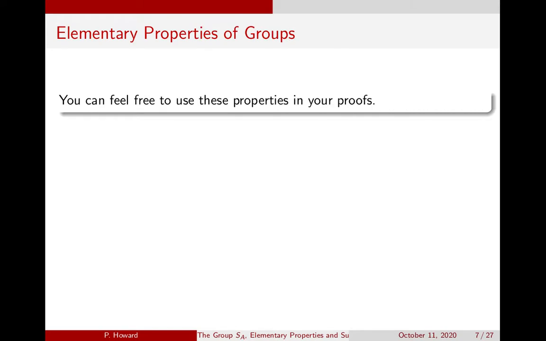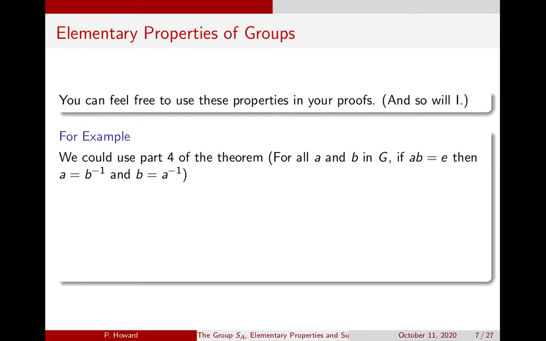So feel free to use the properties of the theorem in your proofs, and I will also feel free to use them. And here's just one example. I'm going to use part 4 of the theorem, which said that if you multiply two group elements and get the identity, then they are inverses of each other. So we're going to use that to prove part 5 of the theorem, which says that the inverse of the product AB is B inverse times A inverse.